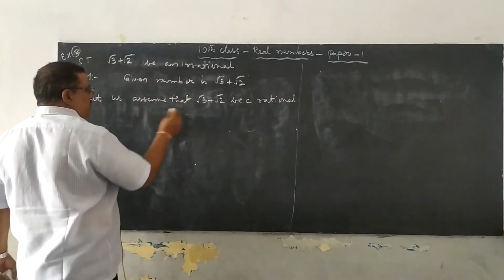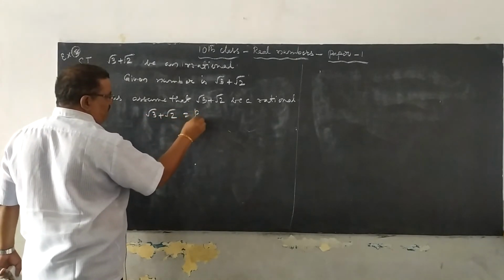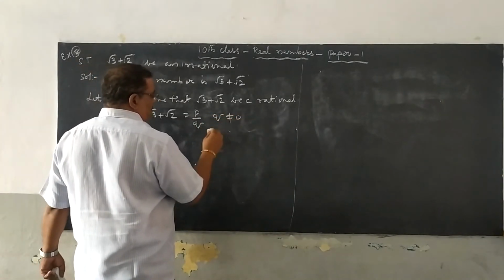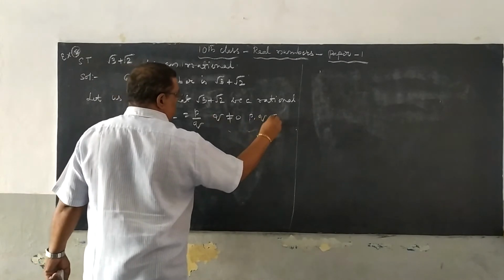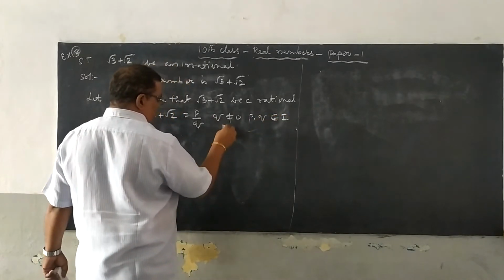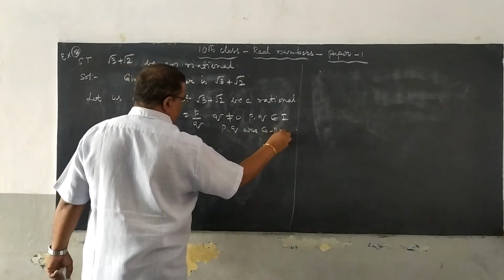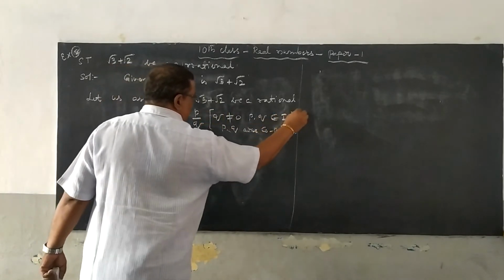According to the definition, root 3 plus root 2 is taken in p by q form, q not equal to 0, p, q belong to the set of integers, p, q are co-primes. This is the definition of rational number.